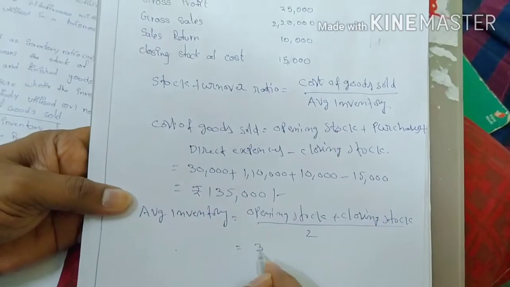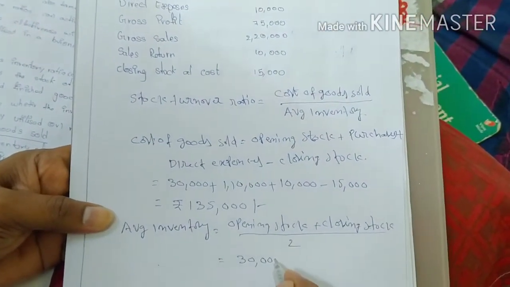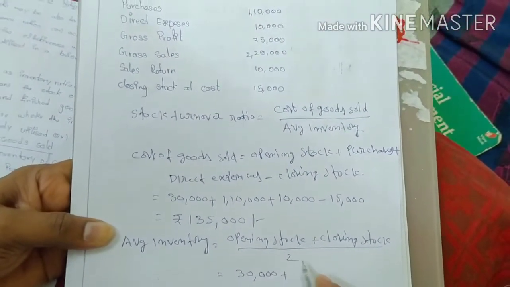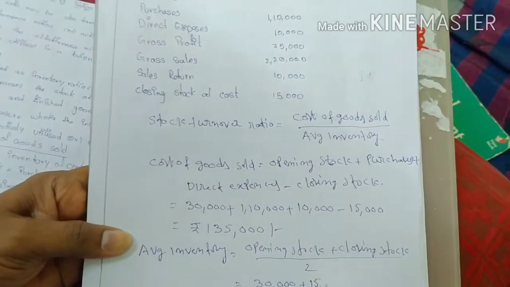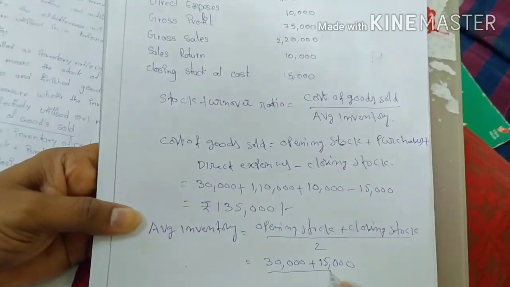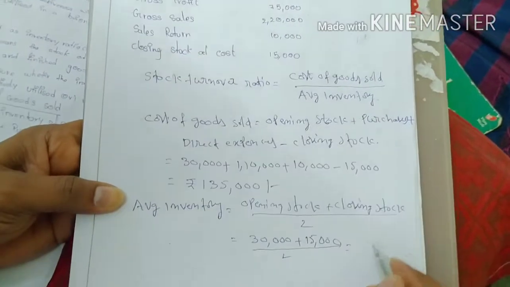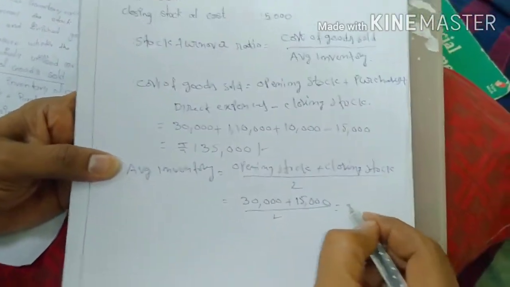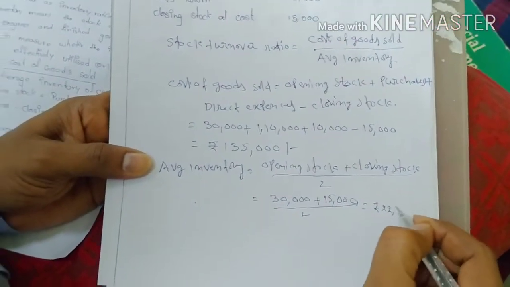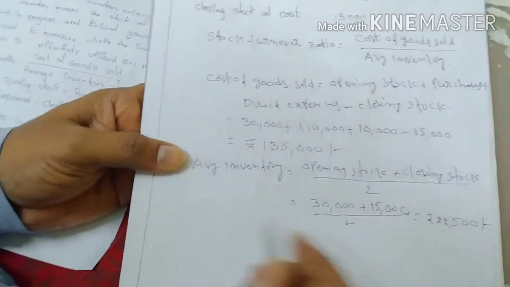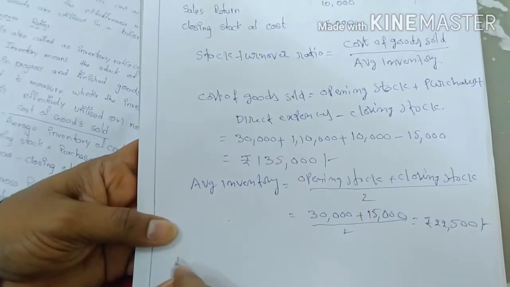That means 30,000 plus closing stock 15,000 by 2, that is equals to 22,500.